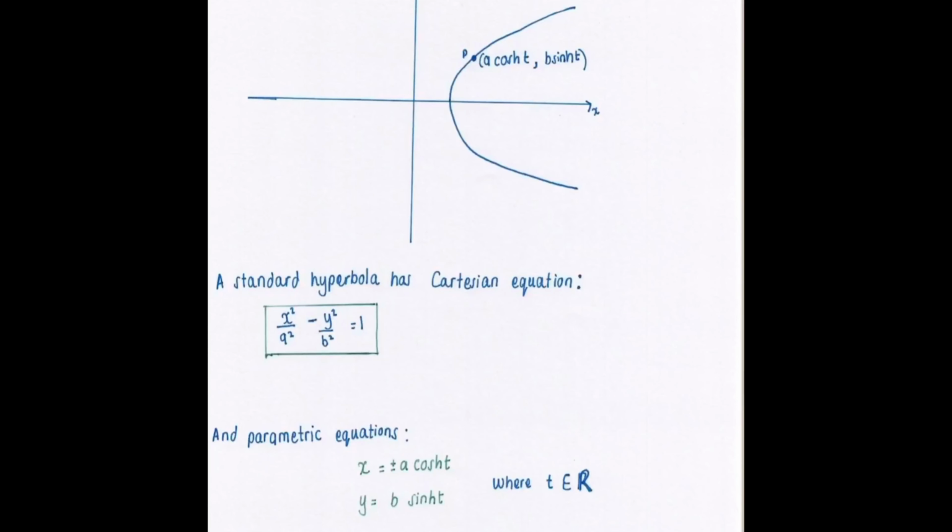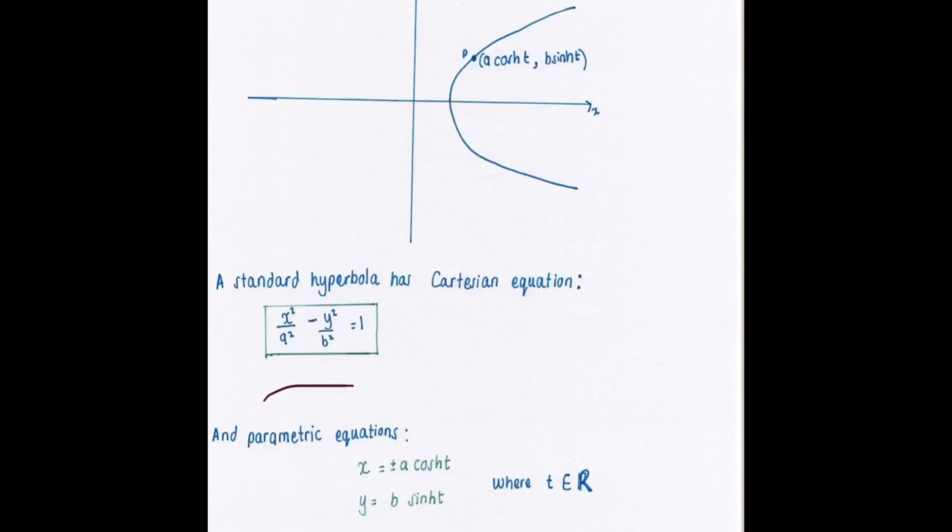Let's start to take a look at hyperbolic functions by thinking of a hyperbola. What I have here is only part of a hyperbola where x is greater than 1. So you already have a rough idea of what a hyperbola should look like. A standard hyperbola has Cartesian equation x squared over a squared minus y squared over b squared equals 1, and parametric equations x equals plus or minus a cosh t and y equals b sinh t, where t is an element of the real numbers.